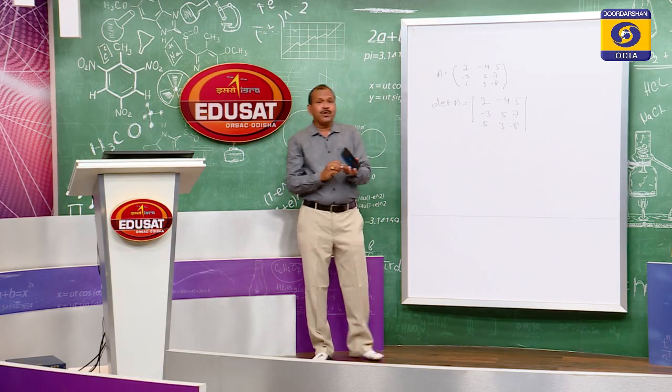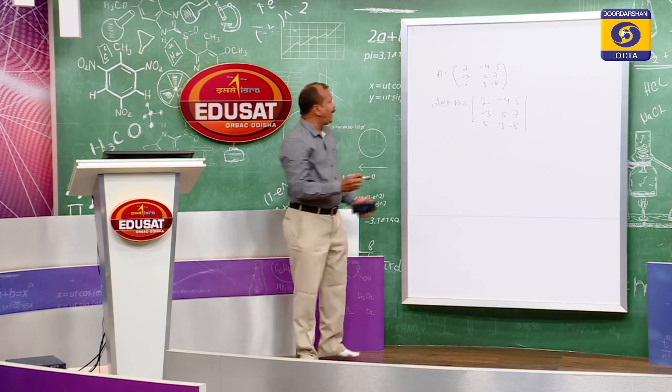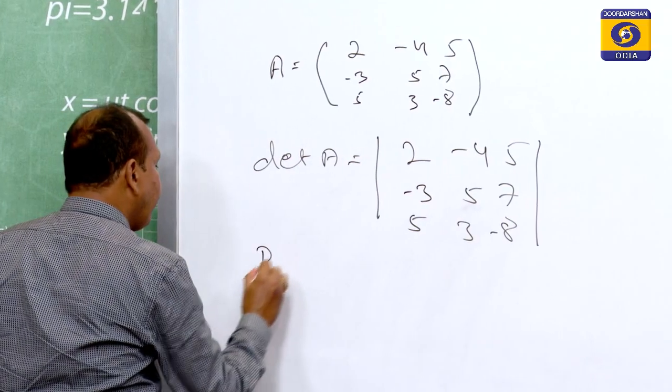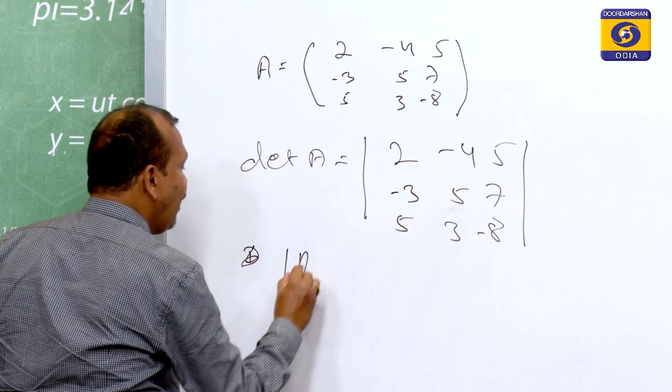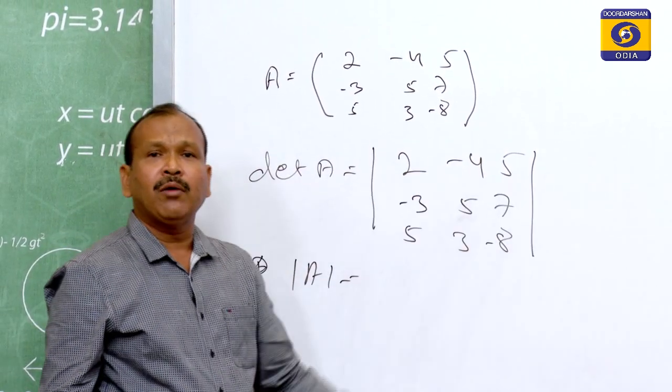The step procedure is, first we have to find det A. We find det A by expanding along any one column or any one row.